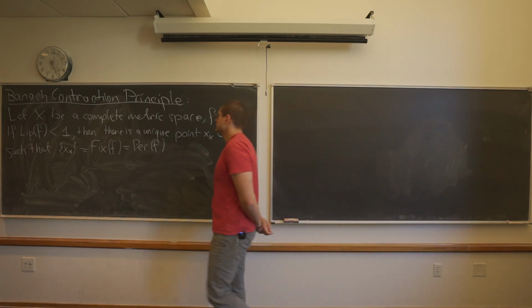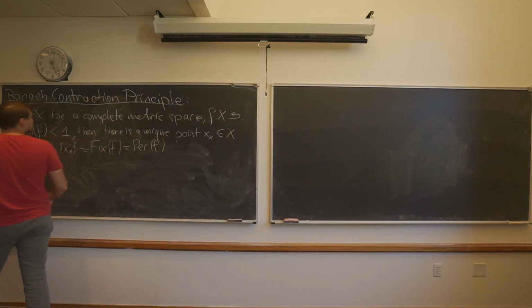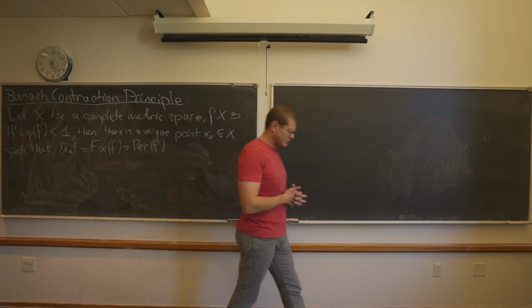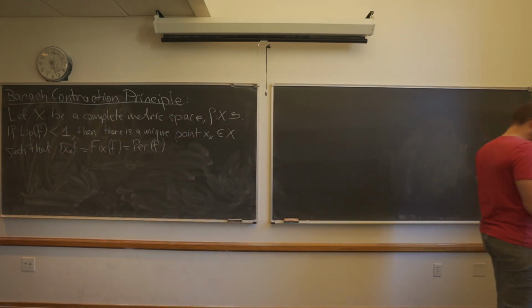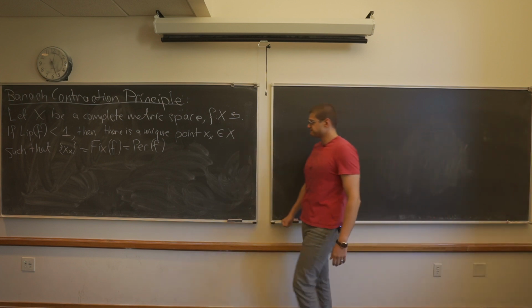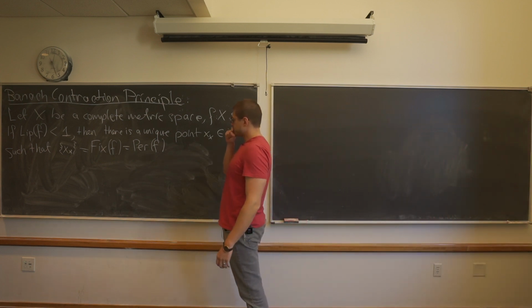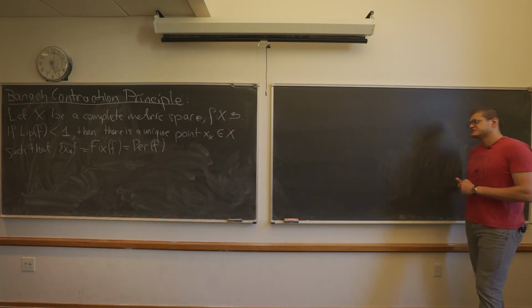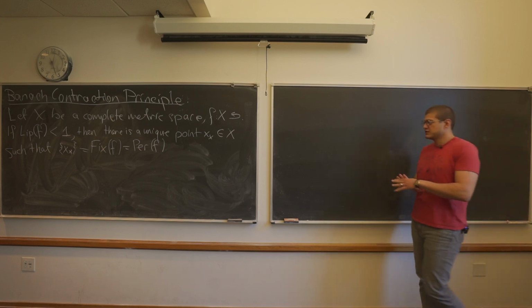So today we're going to discuss this Banach Contraction Principle. Like I said, it's not as sophisticated of a thing, but still it has a lot of different ideas that are sort of like the starting point. We already applied this to the context of iterated function systems and generating fractals and stuff like that.